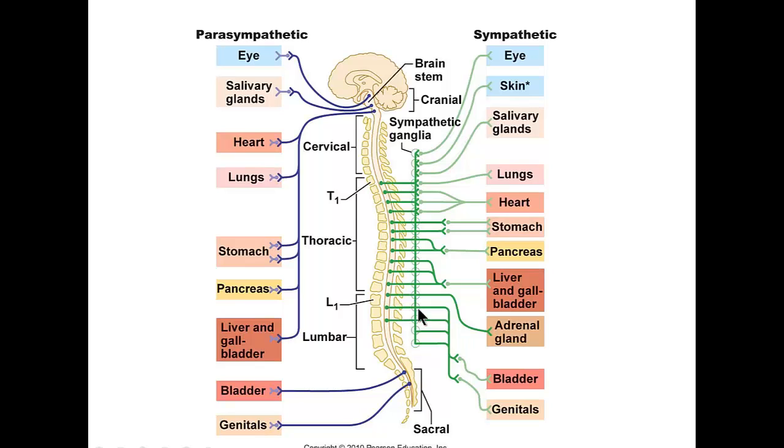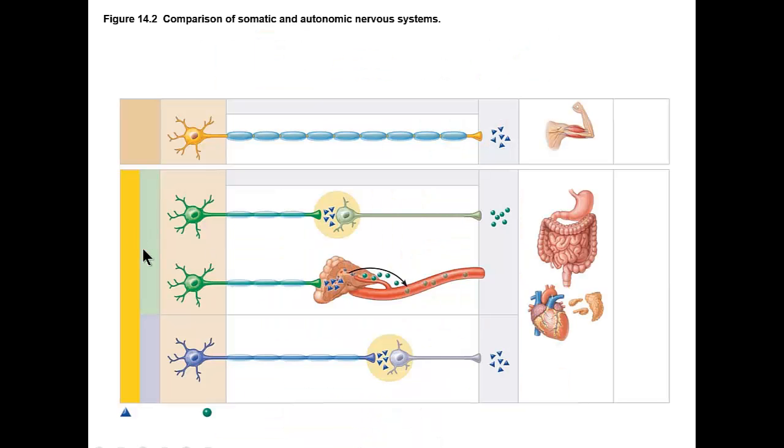So the one exception where we don't have a postganglionic neuron is going to the adrenal gland. So in the sympathetic nervous system, there's one exception where there's no postganglionic neuron, and that's in the adrenal gland. Remember when we talked about ways that we can get hormones to be released? We said most of it is hormonal, that another hormone acts on an endocrine gland telling it to release its hormone to the blood.